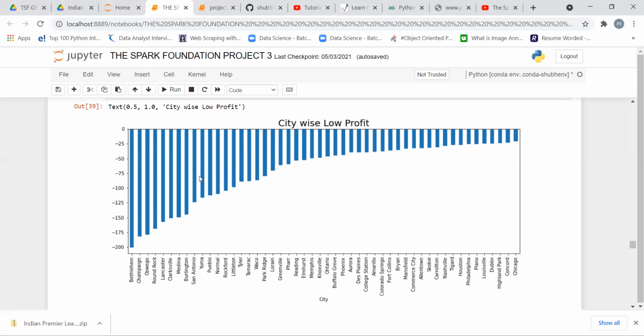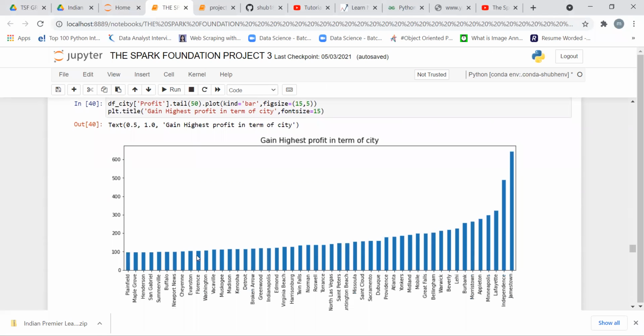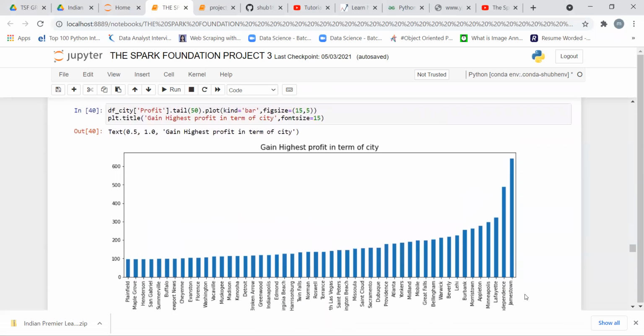So Bethlehem has a lower profit than any other city. And if we want to find the highest profit, we use tail 50. And here we can see that Jamestown has the highest profit generated.